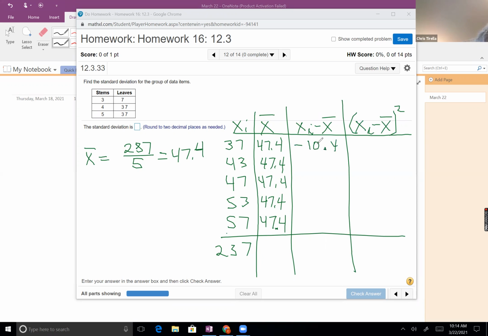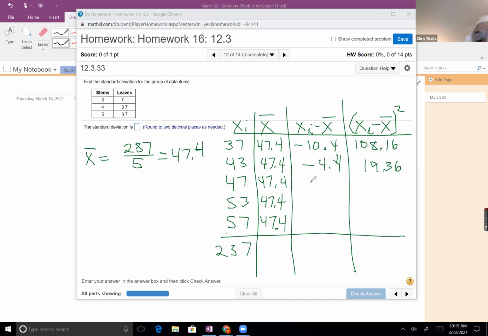With that in my calculator, I'm just going to square it, which gives me 108.16. 43 minus 47.4 is going to give me negative 4.4. Now I'm just going to square that and get 19.36.